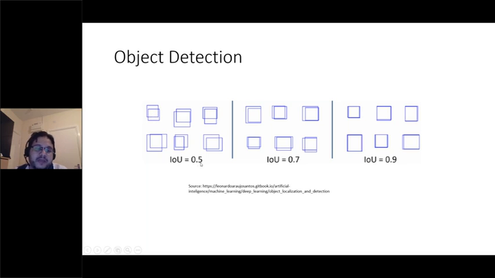For example, if IOU equals 0.5, which is 50%, it means that to take a case as correct, they need to overlap at least 50%. Like the ground truth, the original image, what is the object, and what we detected. So for example, this is correct. This one is not correct, because this is inferior to 50%.